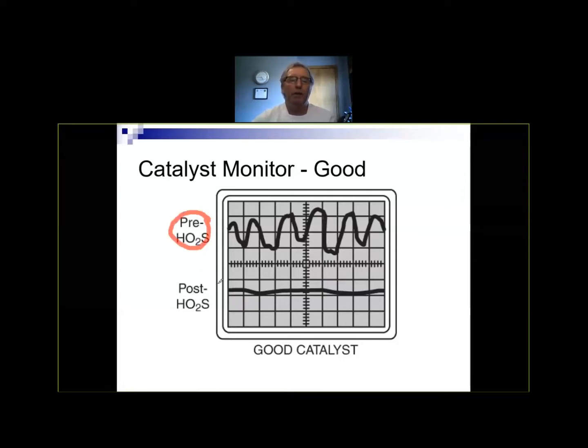And then the other channel on the scope would be connected to the oxygen sensor that's after the cat. And if the catalyst is working, you're going to see this varying voltage in front of the catalytic converter, and you're going to see kind of a flat line, or not a whole lot of switches, behind the catalytic converter. So if you saw something like this, comparing upstream and downstream, you'd say this is a good catalyst.